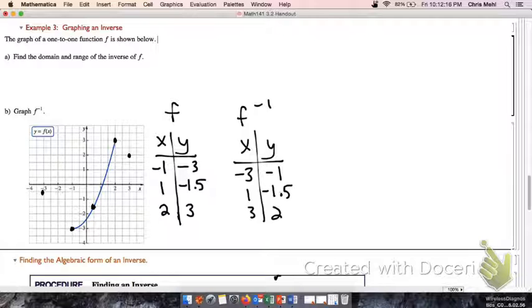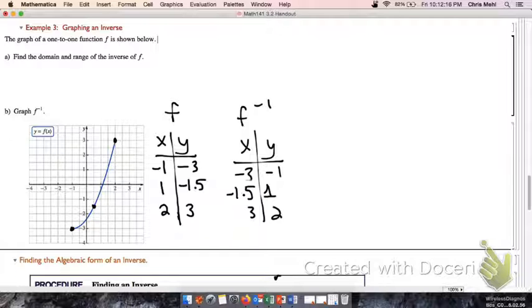What did I do wrong? Oh, I see what I did wrong. That makes sense. Hold on, I gotta redo this. What you'll notice is I screwed up on the point in the middle. The input became minus 1.5 and the output changes to 1.